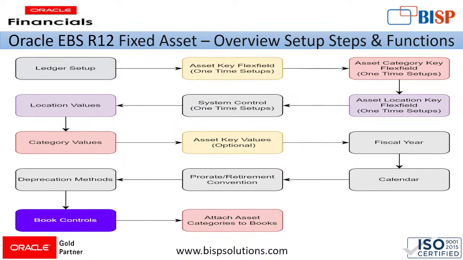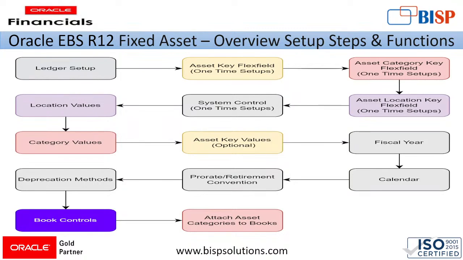After doing the configuration of these flexfields, we will do the system control. This is a one-time setup again. So there are certain things which are one-time, right? So that is the one-time setup, that is system control.